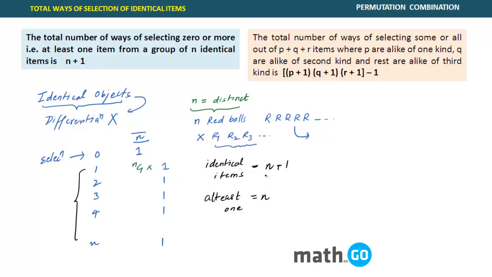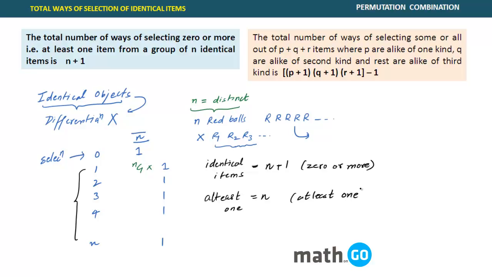So the total number of ways in which a ball can be selected would be n. Here it is written wrong. For 0 or more it means n plus 1, and for at least 1 it is n.